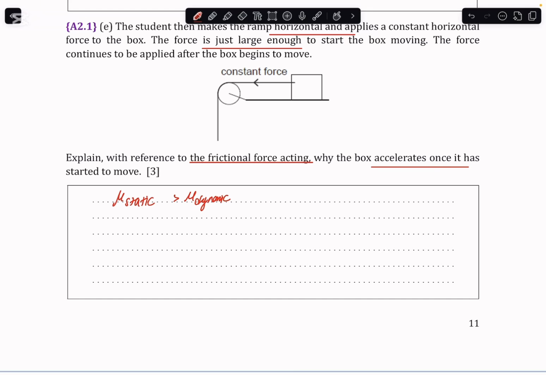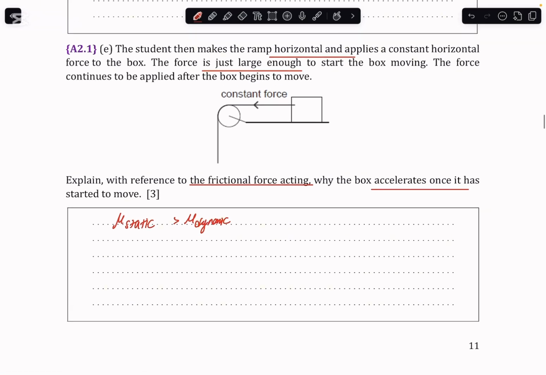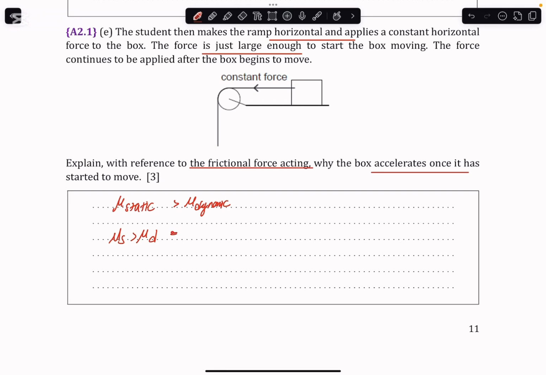So it is much harder to move that object than an object that is already in some kind of motion, and it is not as hard to move it against frictional forces. So the first thing that we have to say here is mu static is bigger than mu dynamic. Therefore, because of this, the force of dynamic friction will be less than the force of static friction.